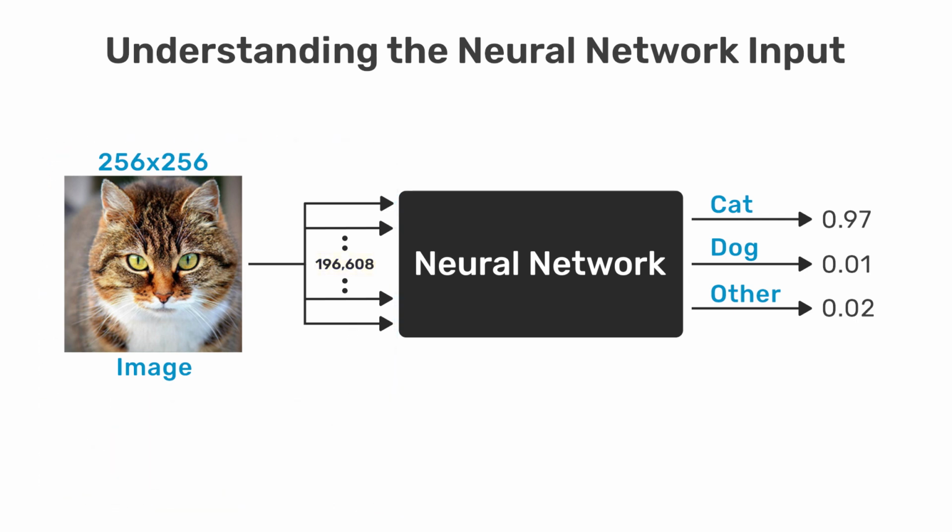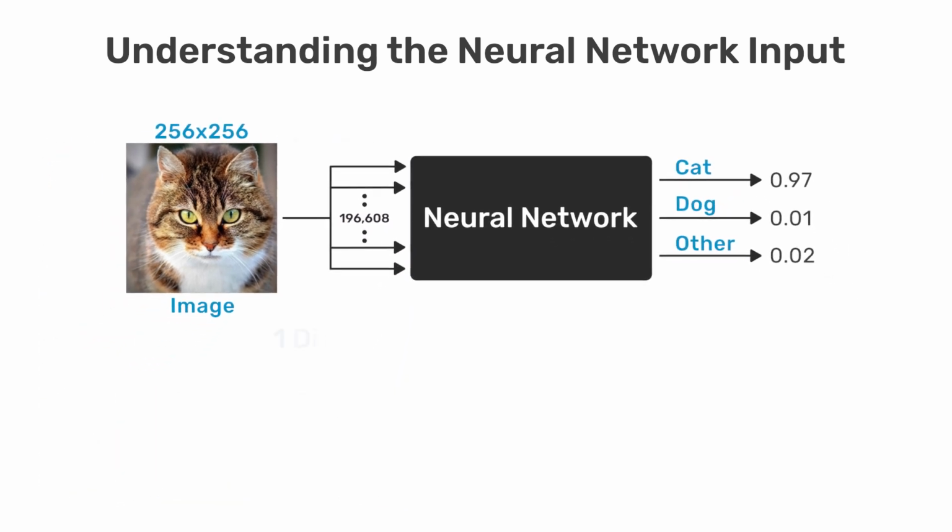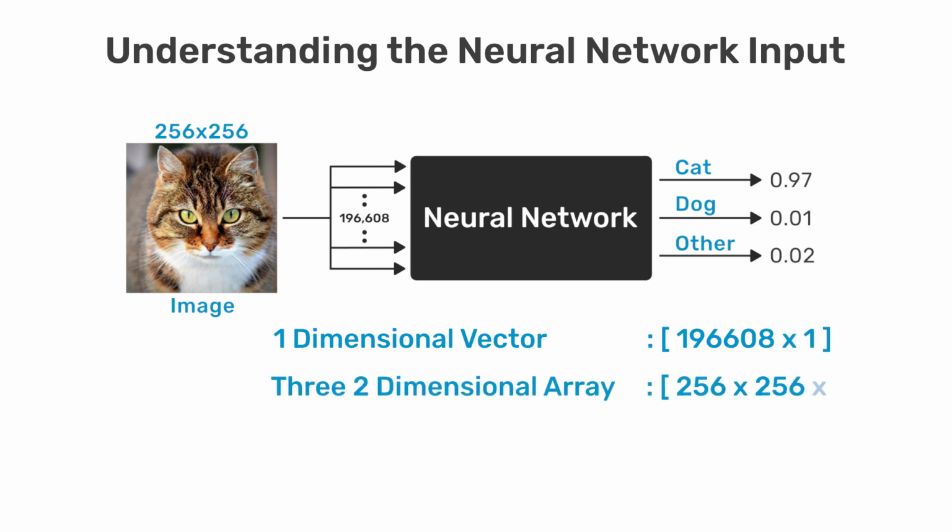Depending on the type of network, the data could be represented as a one-dimensional vector or something more compact, like three two-dimensional arrays, where each array is 256 by 256. But in either case, a particular network design will expect a fixed size and shape for the data.